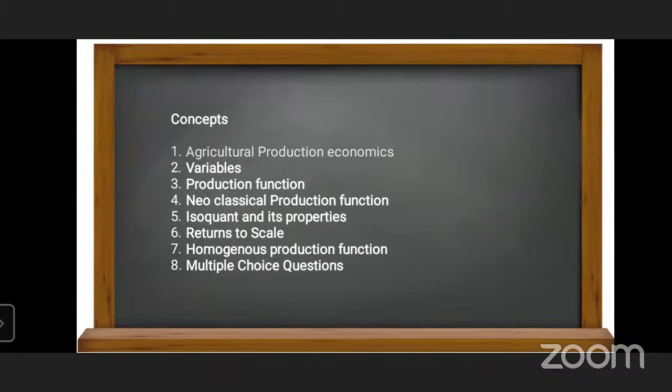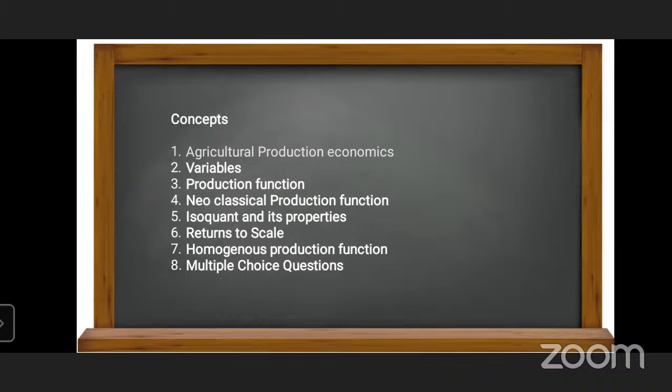Yeah, sure. So these are the things which I'm going to cover today. I will be telling what is agriculture production economics, then what are different types of variables, production functions, what are different types, neoclassical production function, which I'll take in a little detail, isoquant and its properties, which I'll be explaining most, and returns to scale, homogeneous production function, and finally I have multiple choice questions.